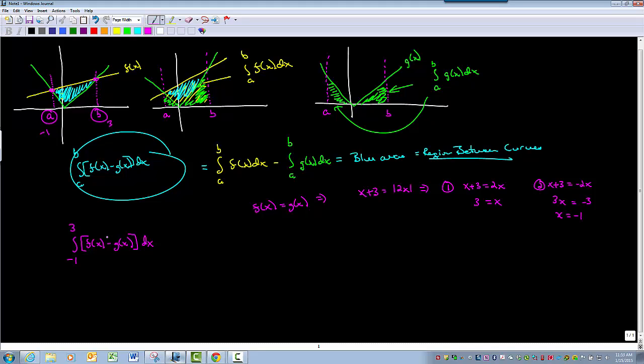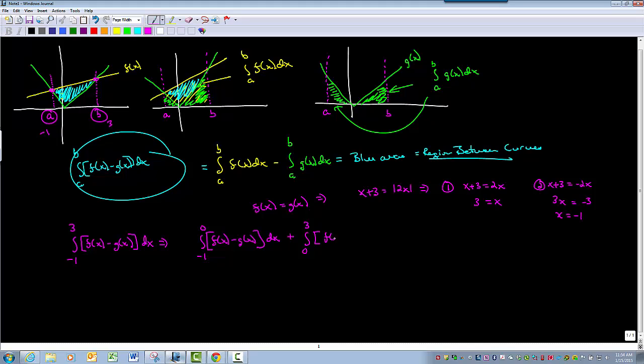For g of x, this green line right here, over here is defined as negative 2x, over here is defined as positive 2x, so I need to split from 0. So I can take this guy and go from negative 1 to 0 of f of x minus g of x dx, and add to it from 0 to 3.